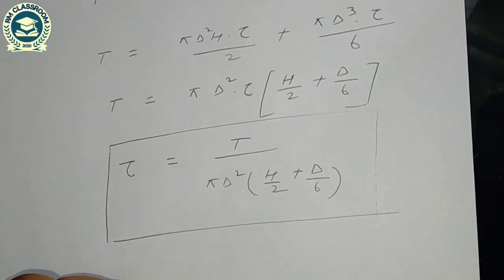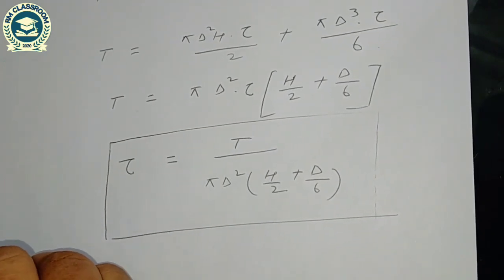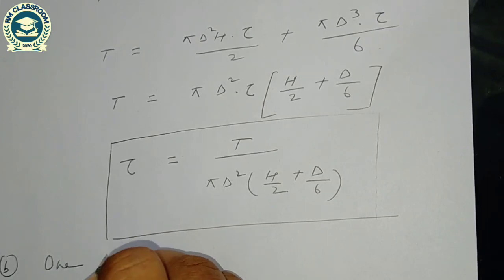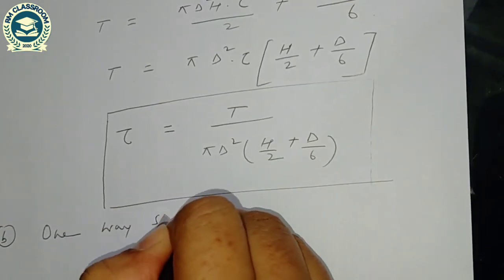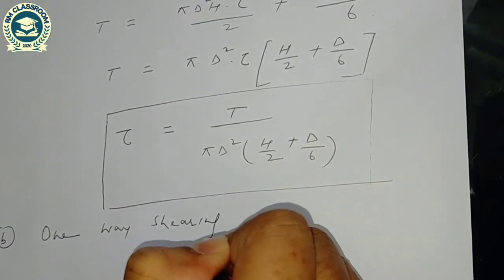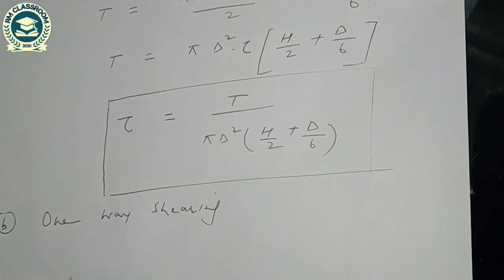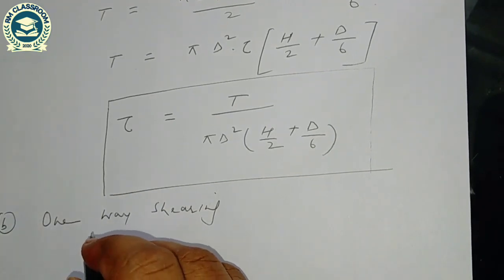Similarly, for one-way shearing, one-way shearing means only the side and the bottom.